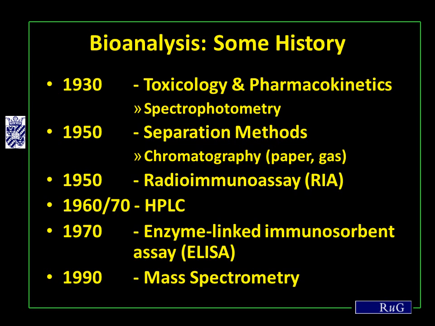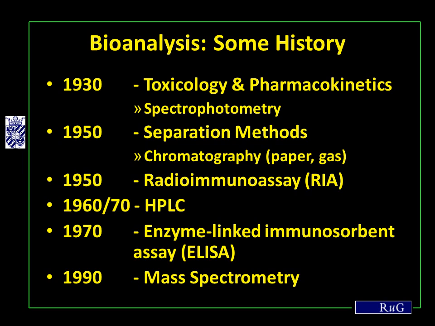The first very widely used separation method was chromatography. First methods were based on a stationary phase simply with paper, where molecules migrated in a liquid mobile phase. In parallel, gas chromatography was invented, which was much more powerful, but was unfortunately limited to molecules that could be volatilized, that means that could be transposed into the gas phase.